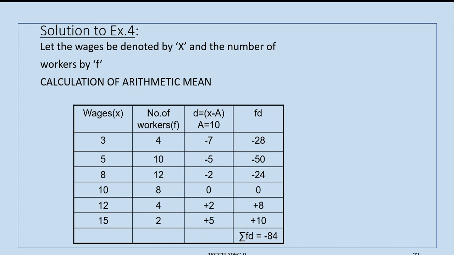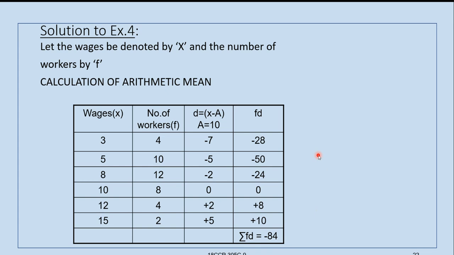Whatever the assumed mean you have taken, please remember this is very, very important, the answer will not change. Even if you take assumed mean as 8, or 10, or even 3, the answer will not change, right? Here only sigma FD will change.